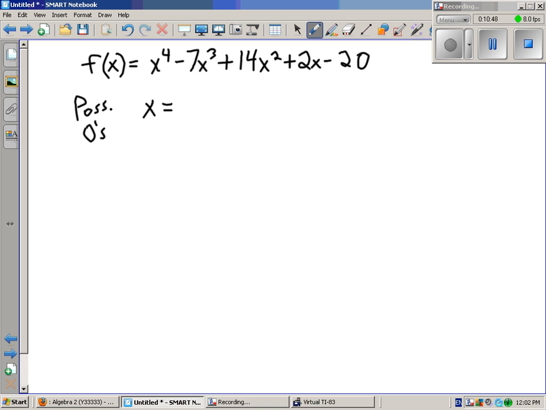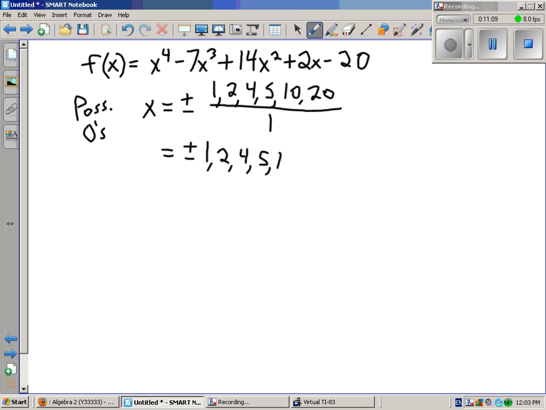Possible zeros, x is equal to plus or minus factors of 20, which are 1, 2, 4, 5, 10, and 20, all over factors of 1, because that's our leading coefficient. So we wind up with a list that's not all that long: 1, 2, 4, 5, 10, and 20.